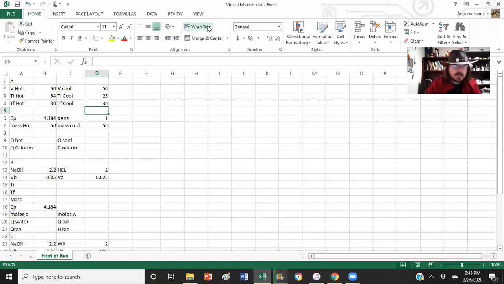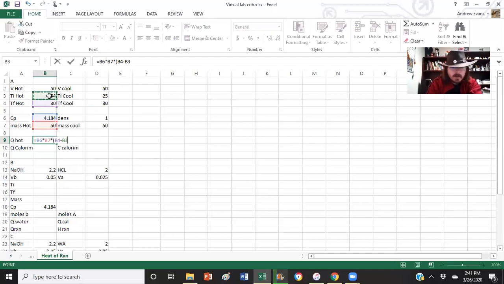So that means the heat lost by the hot water would be equal to 4.184 times 50 times the change, TF minus TI. So you'd be losing negative 5,020 joules. The heat gained by the cool would be 50 times the heat capacity times the change, 30 minus 25.